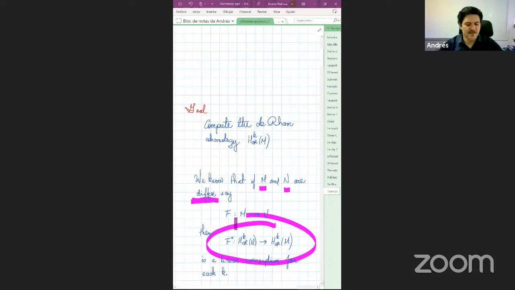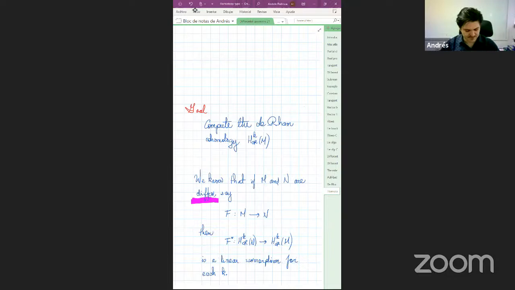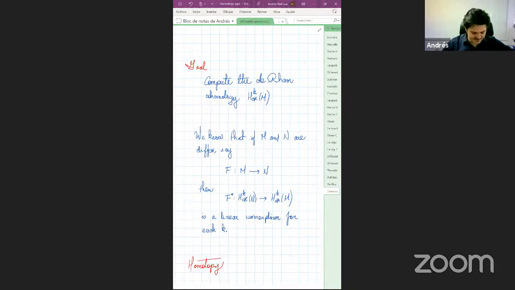So the whole idea is not to remain on diffeomorphic manifolds, but a weaker concept that we will see, but the conclusion will be the same. Okay. And that's where homotopy enters.